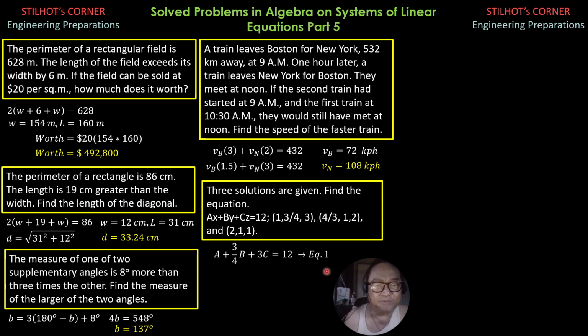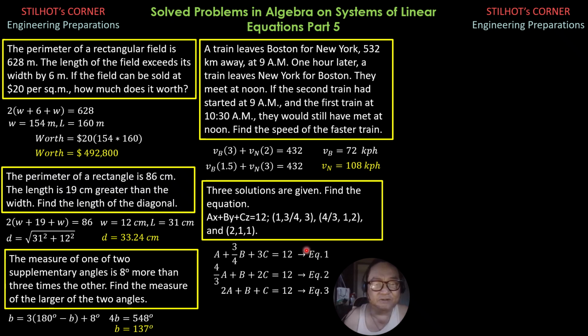Call that equation 1. Then we substitute the second solution here. 4/3 a plus b plus 2c equals 12. Call that equation 2. And next, 2a plus b plus c equals 12, equation 3.